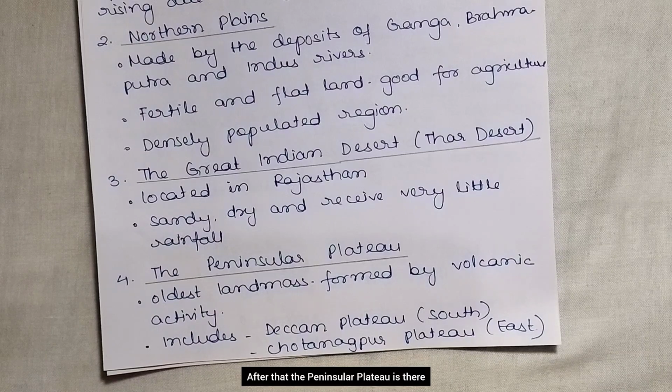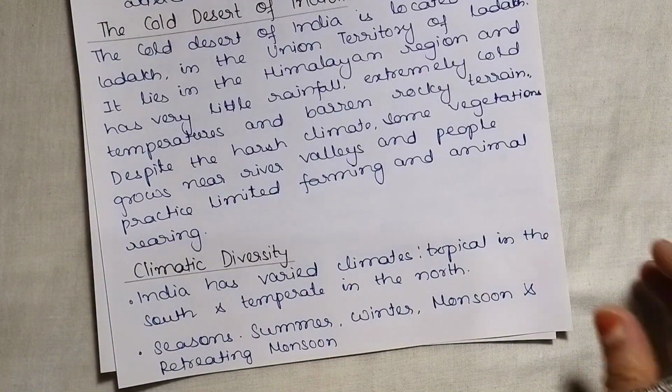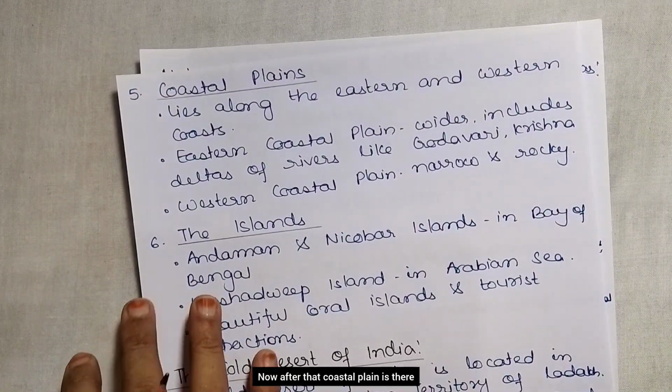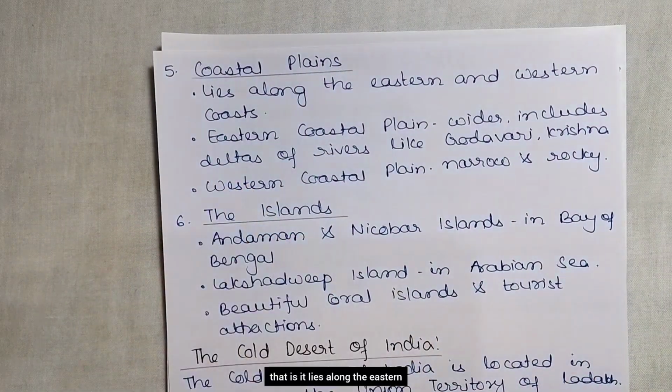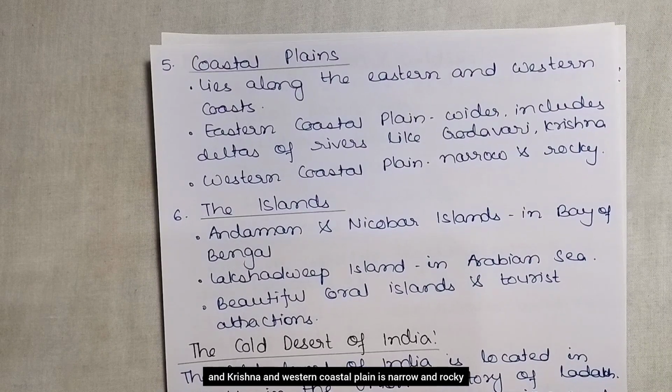After that the peninsular plateau is there. This is the oldest landmass formed by volcanic activity. It includes Deccan Plateau, south and Chota Nagpur Plateau in the east. Now after that coastal plain is there, that is it lies along the eastern and western coast. Eastern coastal plain, it is wider, includes deltas of rivers like Godavari and Krishna, and western coastal plain is narrow and rocky.